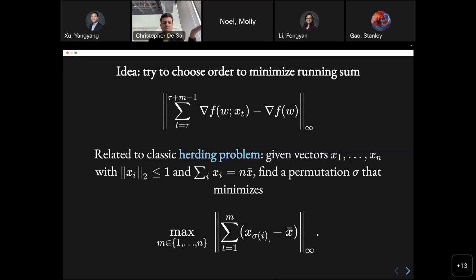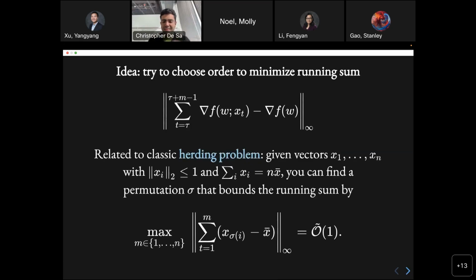And there are many equivalent ways that you can present this problem. But the really cool and kind of surprising result is that it's actually possible to bound this as O tilde of 1. And one way to think about why this is surprising is that if you have just a random permutation, if you just choose the order at random, it's pretty easy to see that this will be big O tilde of square root of n, right?